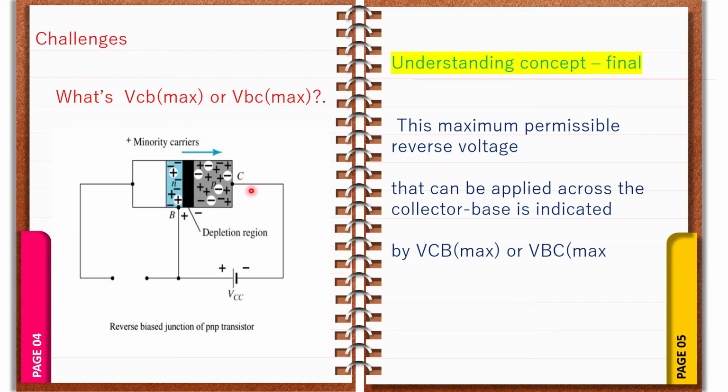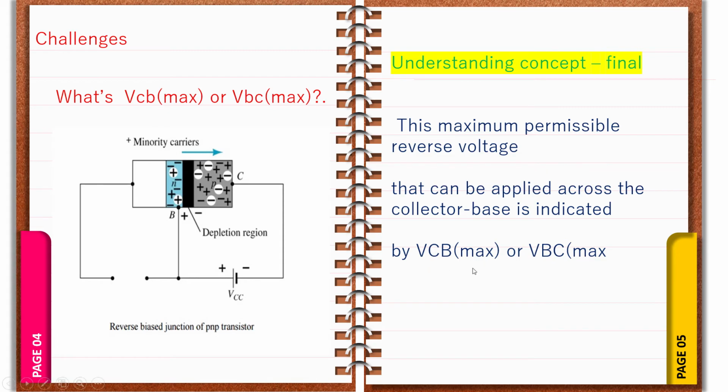That maximum voltage is indicated by VCB max. This maximum permissible reverse voltage that can be applied across the collector base is indicated by VCB max. Okay friends, this is clear. This is simple. I took the 3 slides for better understanding. That's it.